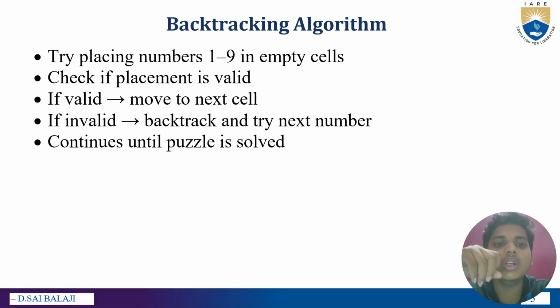It checks if the placement is valid or not. If it is valid, it will move to the next cell. If it is invalid, in the background it will give the output to try the next number. That means your input and the hidden logic should match each other. Then only it can move to the next cell, and it continues until the entire puzzle is solved. This is how it works.